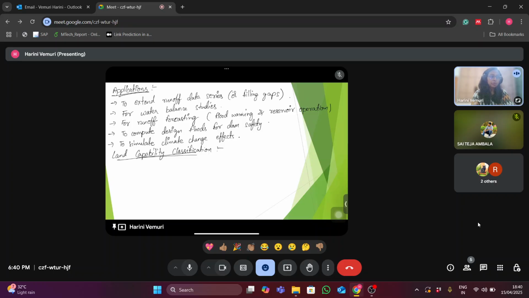We know that all kinds of land are not suitable for everything. Suppose you take agriculture: some soil types are more suitable for agriculture, and a few soil types, mostly consisting of rock, are most likely not suitable for agriculture, right?